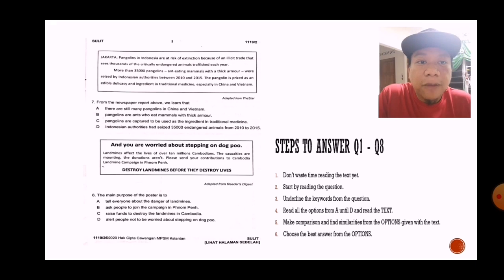Next is, please send your contributions to Cambodia landmine campaign in Phnom Penh. So this poster is asking for donation. Derma. To do what? To destroy landmines before they destroy life. This is also taken from Reader's Digest.